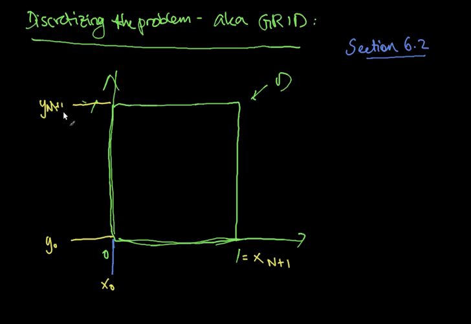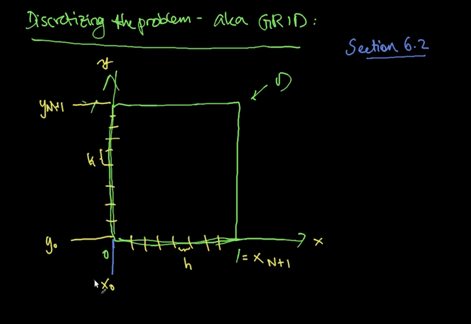So this is the y-axis and this is the x-axis, and each step size along the x-axis is h, and each step size along the y-axis is k.